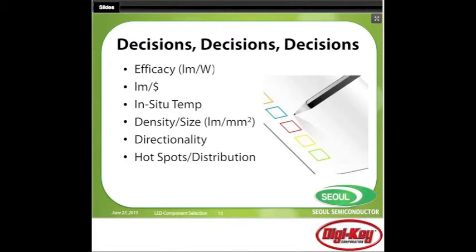You also have density or size. So how many lumens do I need in a certain area, or lumens per millimeter squared? Directionality, what type of beam pattern do I want? Do I need a focus beam? Is it okay to spread the light? Depends. Talk about hotspots and distribution of the LEDs in a system. Do I care? Maybe, maybe not.